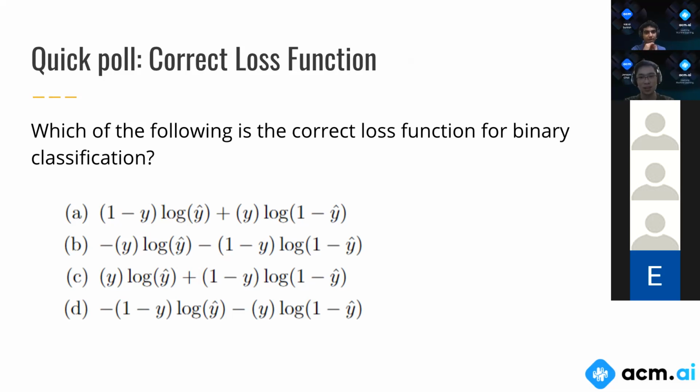But if you can remember what happens for y equals 1 and y equals 0, this should be a lot easier. All right, no rush, but I'll give everyone 15 more seconds.